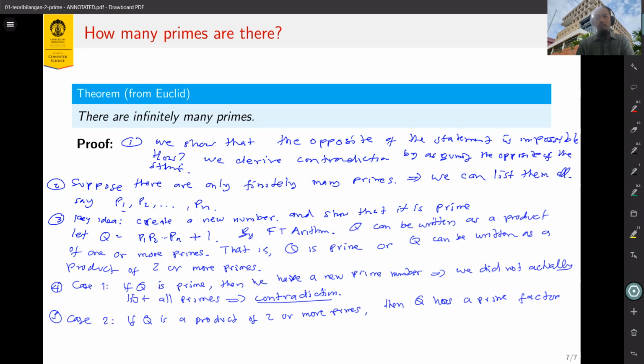Is it correct? Yes. Okay. Q has a prime factor.